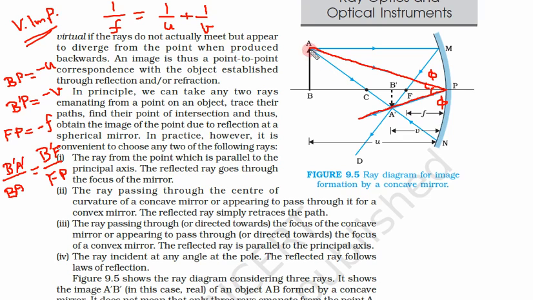Again we have to take two triangles. The first triangle is this one with the object and the pole. In the second case, we take this triangle with the image and the pole.